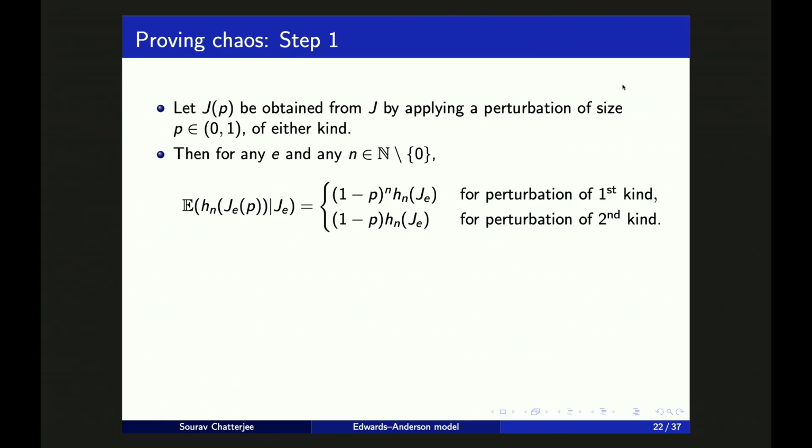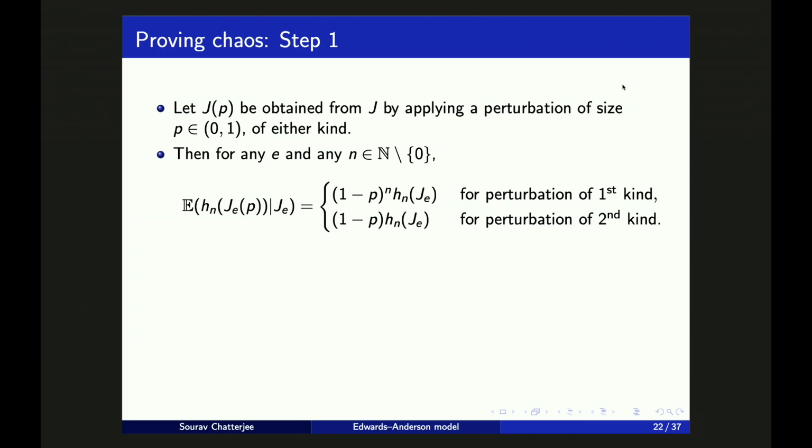If you take the expectation of Hn of Jp, sorry, this is univariate, Hn of Je of P given Je, in both cases this conditional expectation is the original Hn of Je times a scalar factor in front.